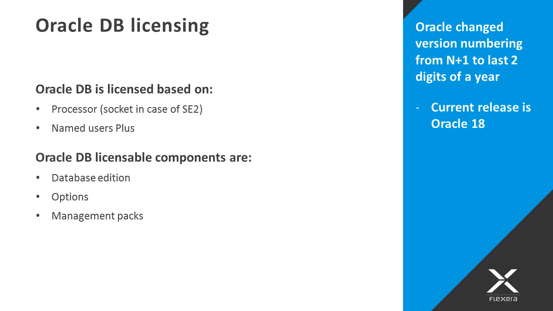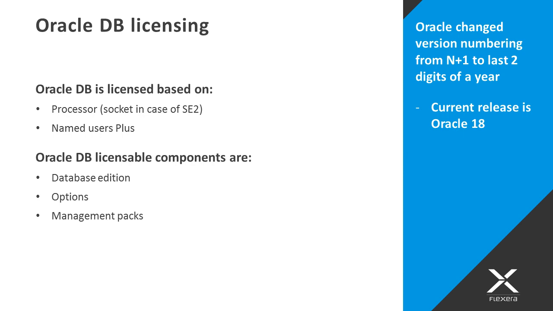I would like to go a little bit into details of database licensing and perhaps on one or two hotspots deep diving, but not too deep, not too long, and we always will come back to get some fresh air around. So Oracle database licenses are based on two metrics. The one is a processor metric, which, to be true, is based on sockets in the case of Standard Edition 2, and the named user plus metric.